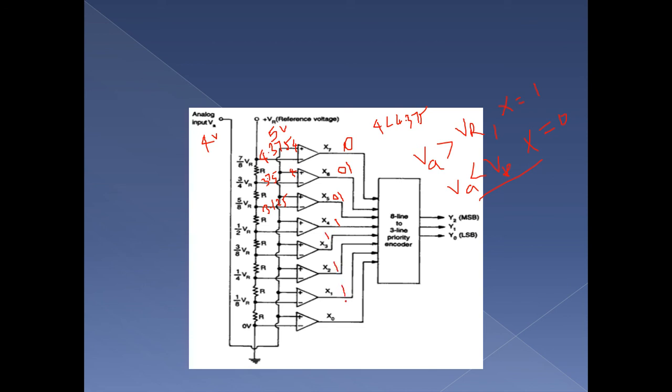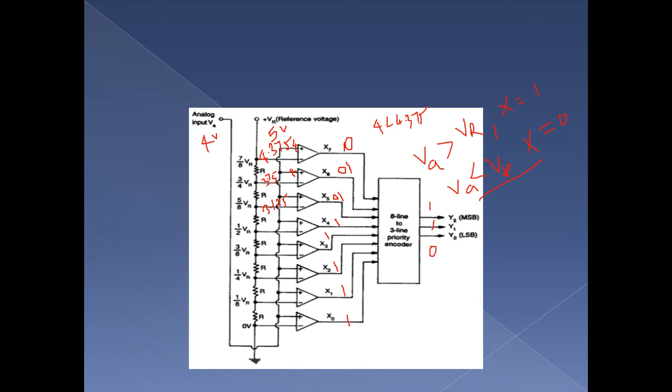Here we have used a priority encoder. We know the concept of the priority encoder. It is an 8 to 3 priority encoder. Accordingly, for the different inputs received from the comparators, it produces a logic output. So for this input, it produces 1 1 0.